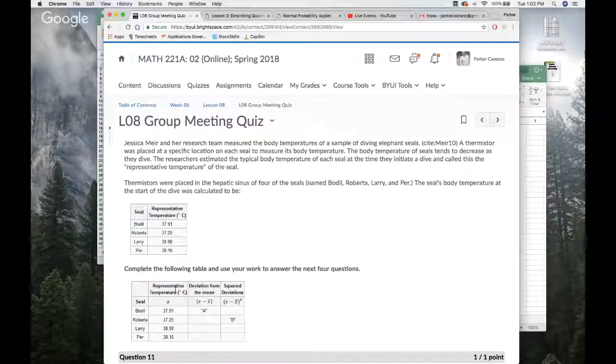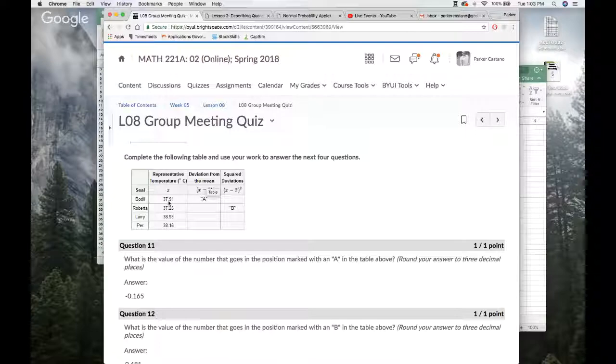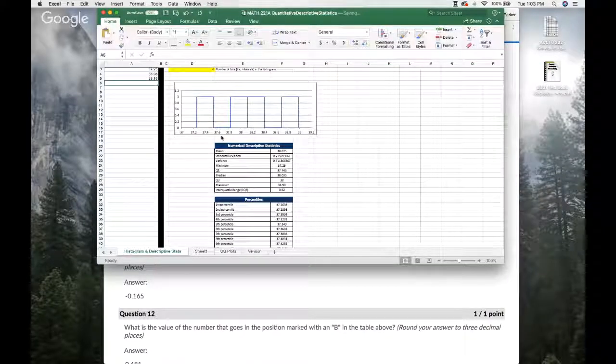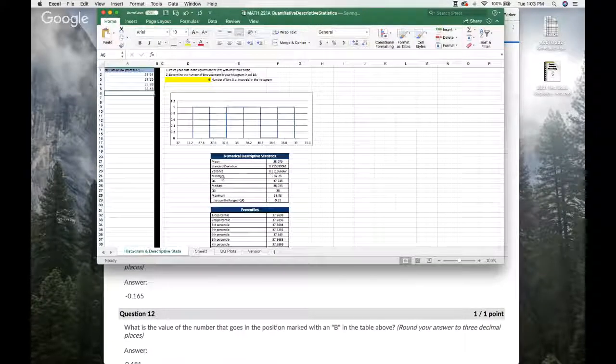So all we're doing for number 11, deviation from the mean, is taking 37.9 and subtracting the mean that we just found. Oh, okay. And what was the mean? The mean is 38.075. So then 37.91.